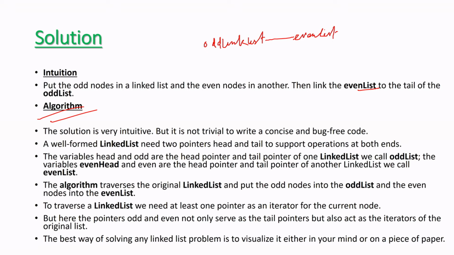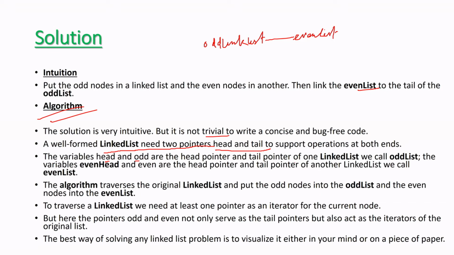Now we will see the algorithm, which the solution says is very intuitive, but it is not trivial to write concise and bug-free code. A well-formed linked list needs two pointers, head and tail, to support operations at both ends. The variables head and odd are the head pointer and tail pointer of one linked list, which we call the odd list.